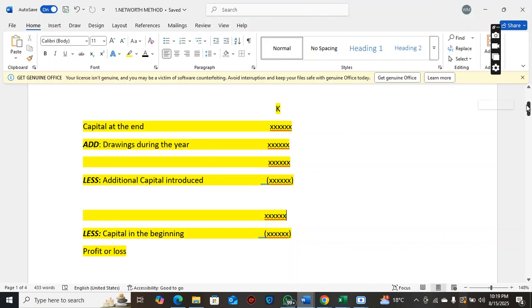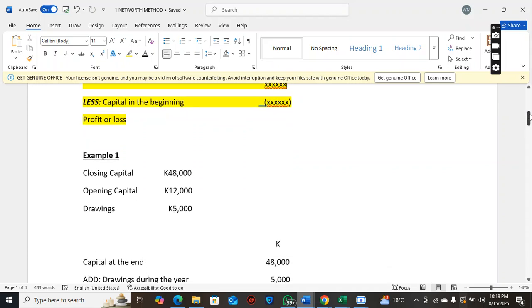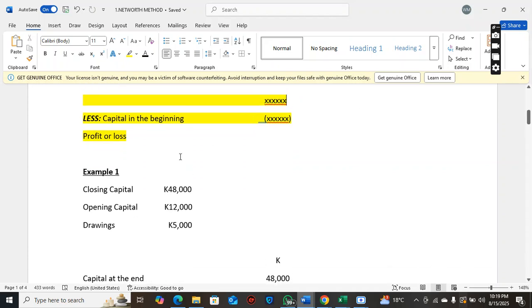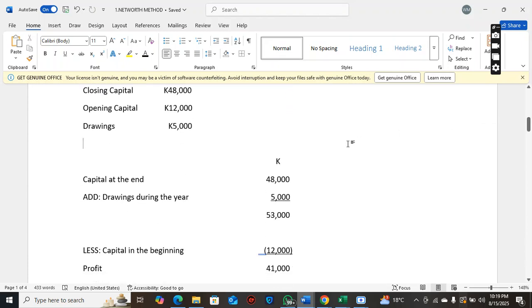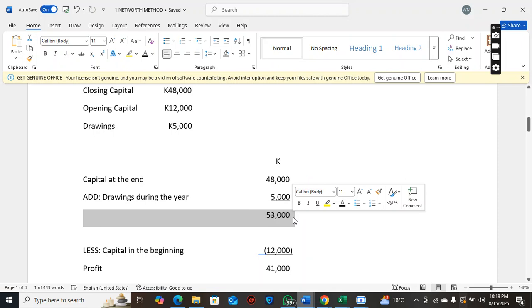So we're going to look at an example here. You have closing capital of 48,000, opening capital of 12,000, drawings of 5,000. So the format that we used, capital at the end, 48,000. Then you add the drawings, 48,000 plus 5,000, you get 53,000.